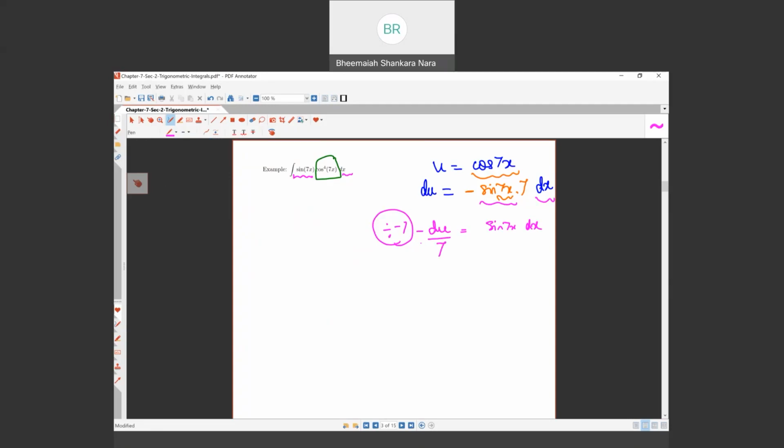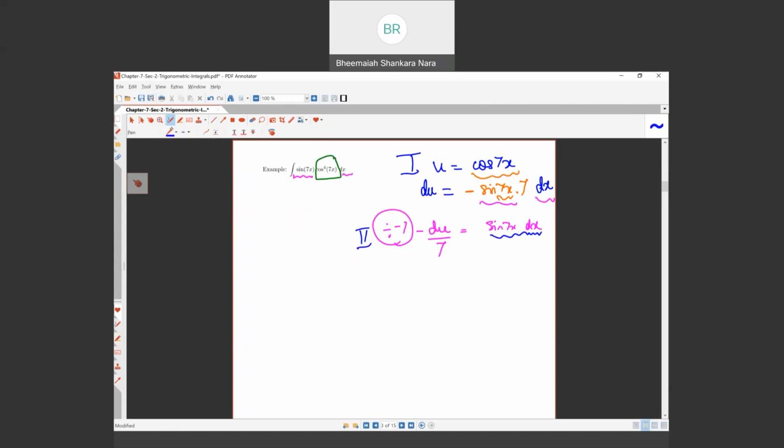Negative du divided by 7. Now, whatever you substituted, the function u, you call this step 1, u equals cosine 7x, and call this step 2, the substitution for sine 7x dx.